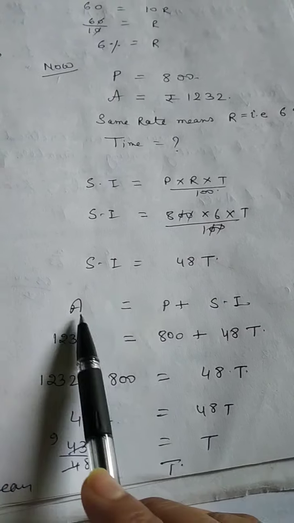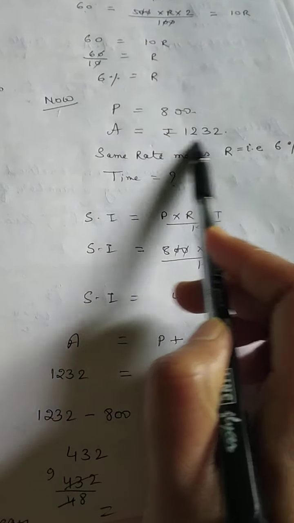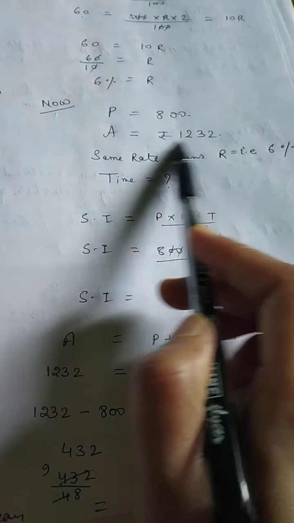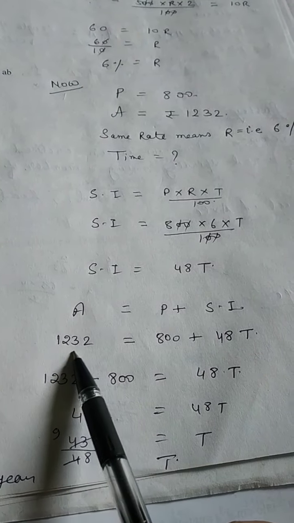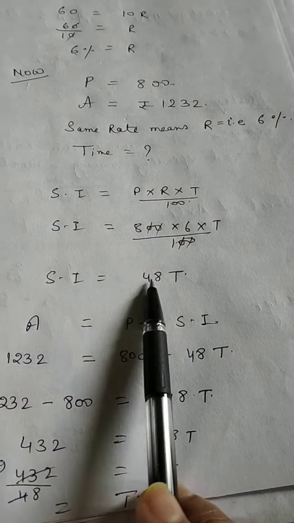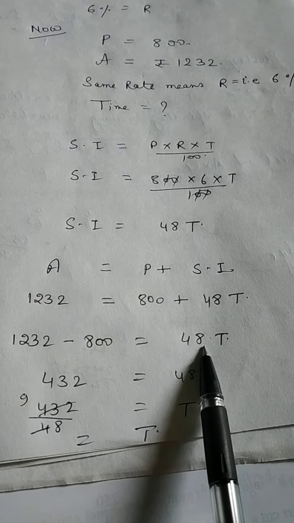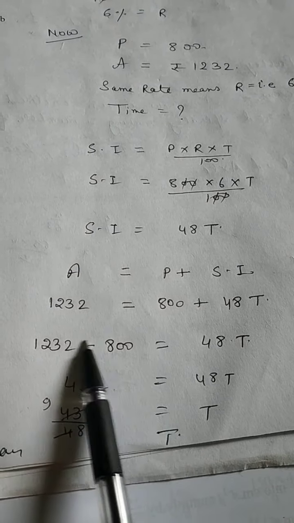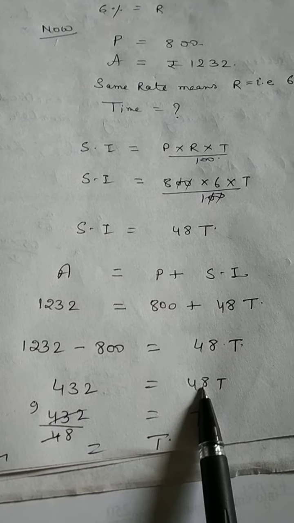Now use this formula. Amount is equal to principal plus simple interest, because amount is given in this second part of the question. So in the place of amount we will put the value of amount. Principal is given, 800, and simple interest we have just taken out, this 48T. 800 will go this side, it will come in minus, and we will get 432 equals 48T.